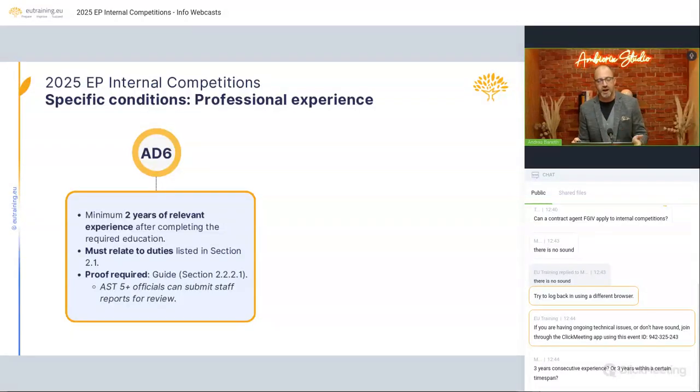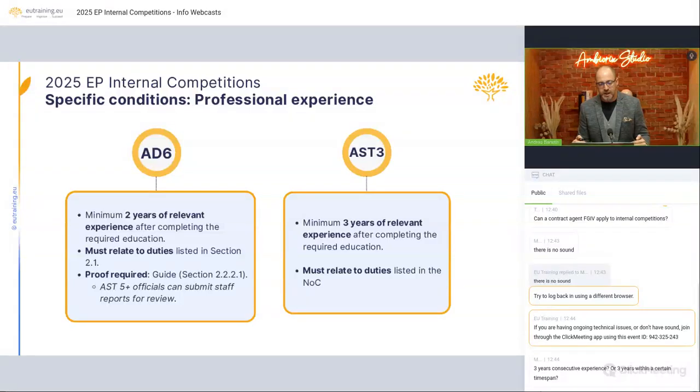So if it's finance or if it's HR, it needs to relate to the kind of duties that they described in the notice of competition. And for the AST3, the minimum 3 years of relevant experience is required, like we said, and it must relate to the duties. So this is pretty straightforward in terms of the criteria.